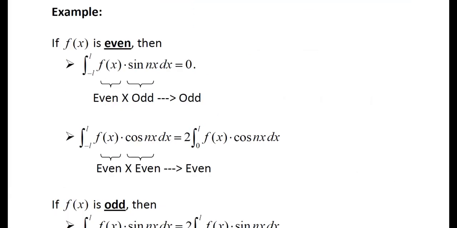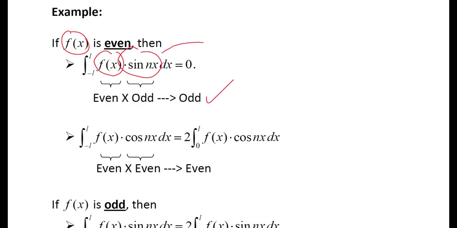Okay, we look at the simple example. Let's say f(x) is even function, and then integrate from negative L to L, f(x) multiply with sin nx. So sin nx is odd function, and then f(x) is even function. So as we discussed before, even multiply with odd, you will get odd function.